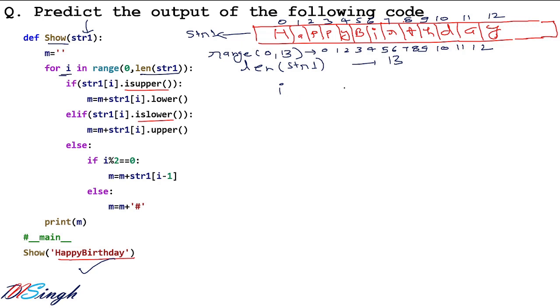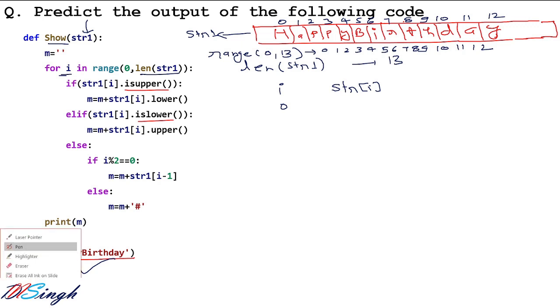Let us see, what is the value of i in the starting? 0. And here I will write str of i, because they are comparing it every time, the character at a particular index. Let me change the color of my pen.